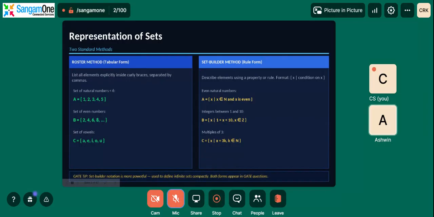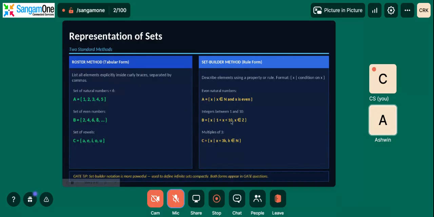You can see in the roster method it is very hard to contain all the elements. So for conditional properties, and to represent sets in a very distinctive form, we include x belongs to N and x is even. These conditions we use.